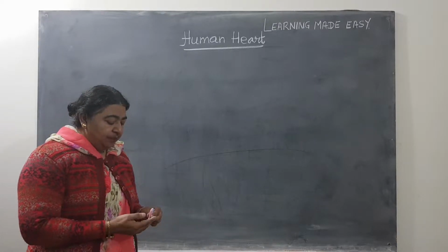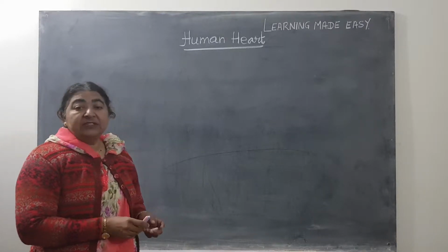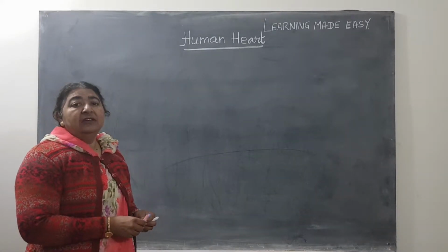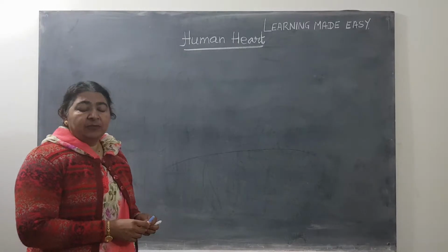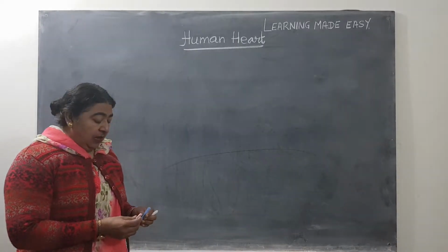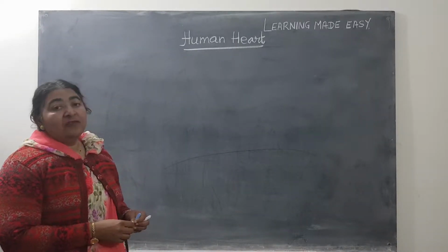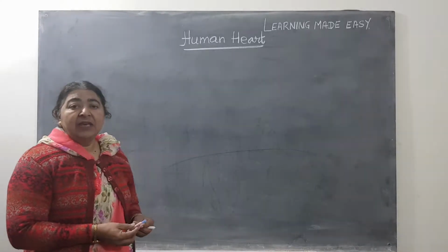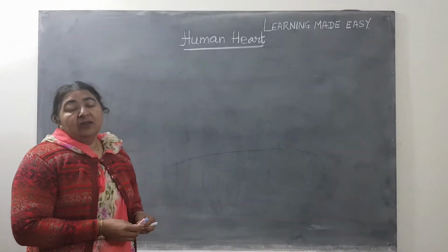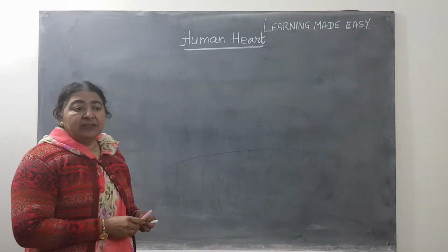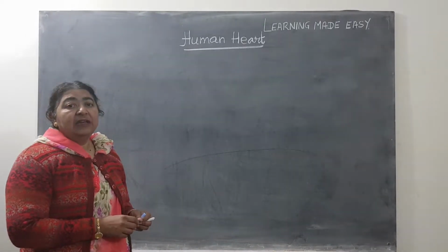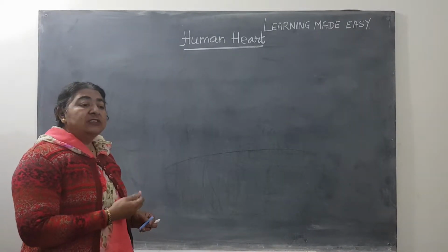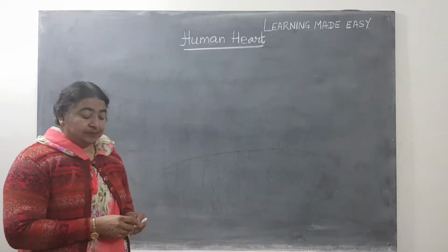The left side receives oxygenated blood while the right side receives deoxygenated blood from the body. I'll be using red color for oxygenated blood, that is normally the color of the arteries, and blue color I'll be using for marking the right side of the heart, that is deoxygenated blood, from which the oxygen has been used.